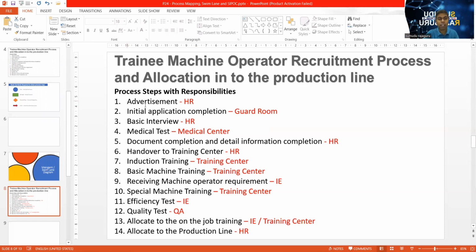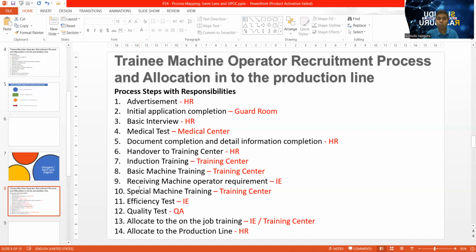As an example: advertisement, HR department; initial application completion, guard room; basic interview, HR department; medical test, medical center; document completion and detailed information completion, HR department; hand over to the training center, HR department; induction training, training center; basic machine training, also happening in the training center.